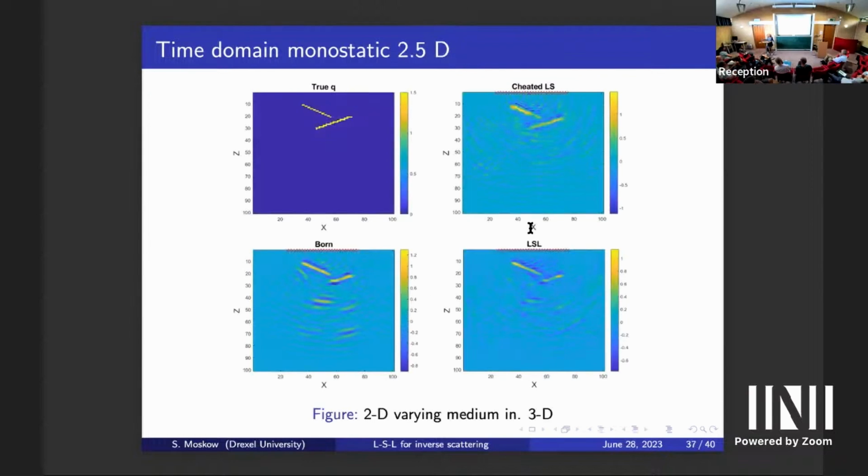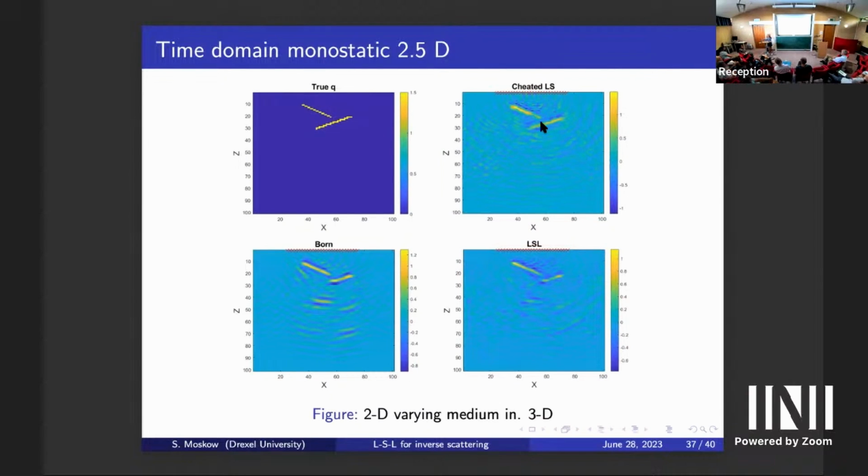And here's an example, a 2.5D problem where you assume that the medium is varying in only 2 directions, but solving a 3D PDE. The model is these 2 inclusions. And here's cheating: we compute the exact solution to this problem, use that in Lippmann Schwinger and invert that.